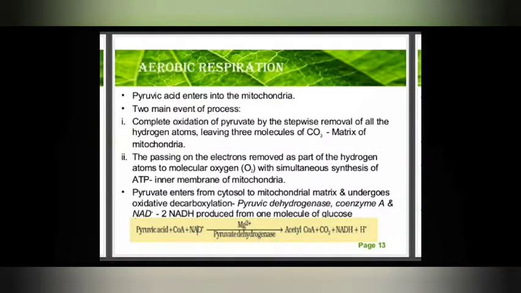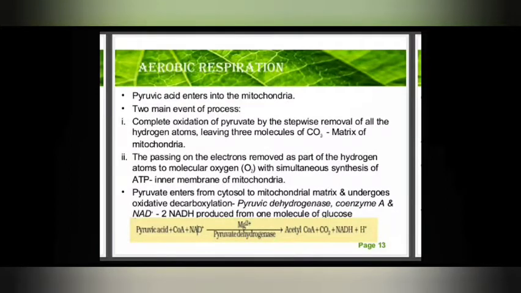Before entering the Krebs cycle, the pyruvate enters into the mitochondrial matrix and undergoes oxidative decarboxylation. The enzyme which controls this process is called pyruvic dehydrogenase, and coenzyme A is used along with NAD.